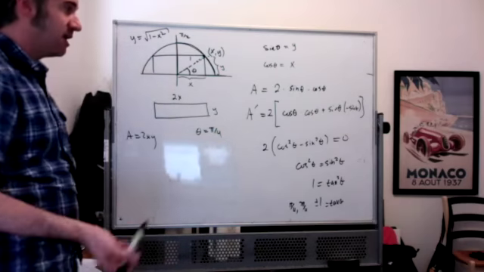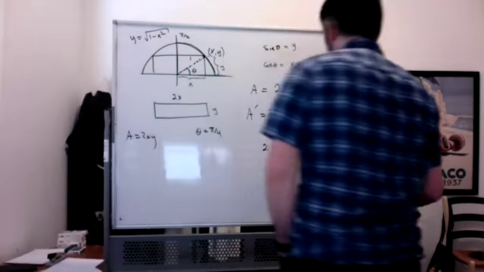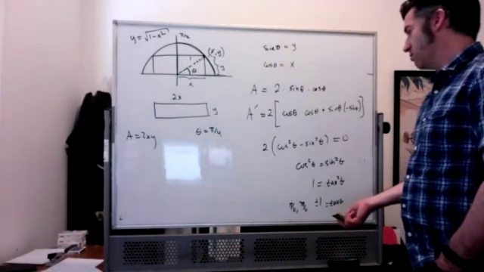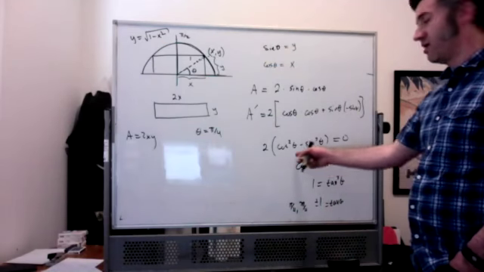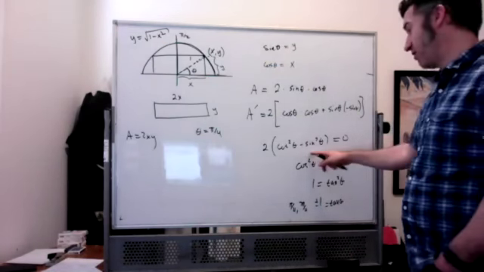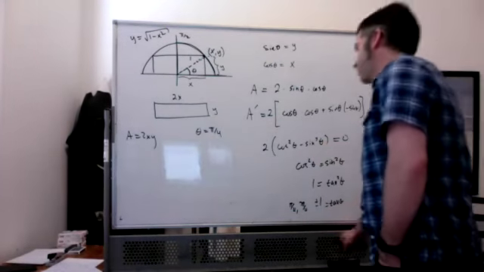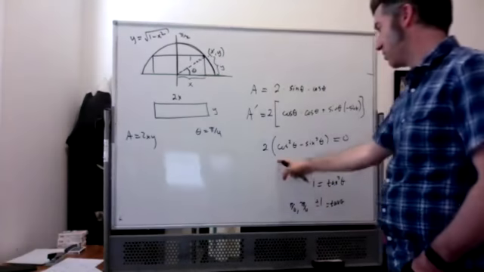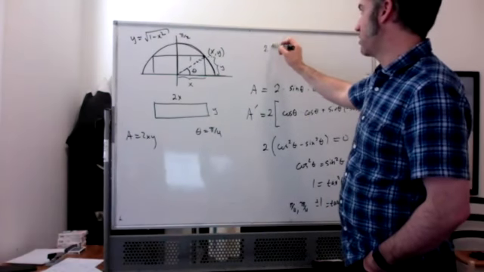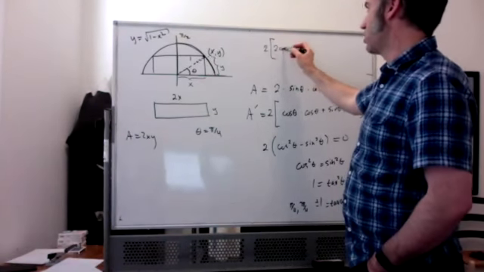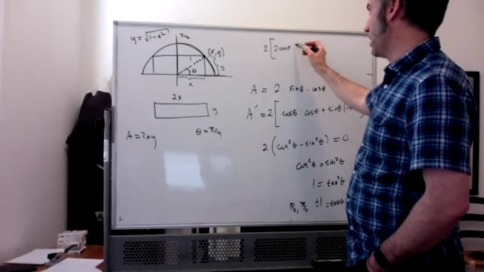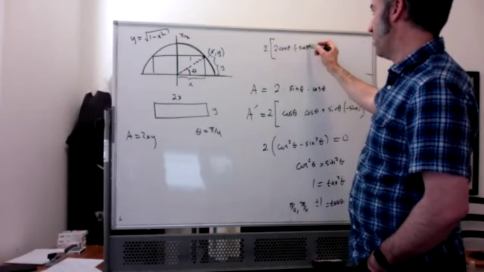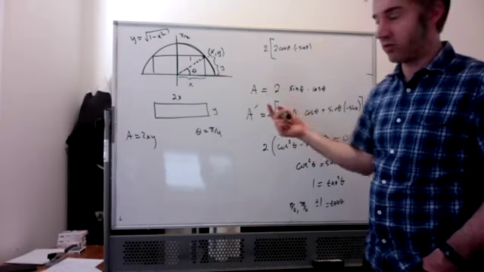It does give us a maximum. If you look at the second derivative here, the derivative of cosine squared is 2 cosine theta times negative sine theta. The derivative of stuff squared is 2 times your stuff times the derivative of your stuff.